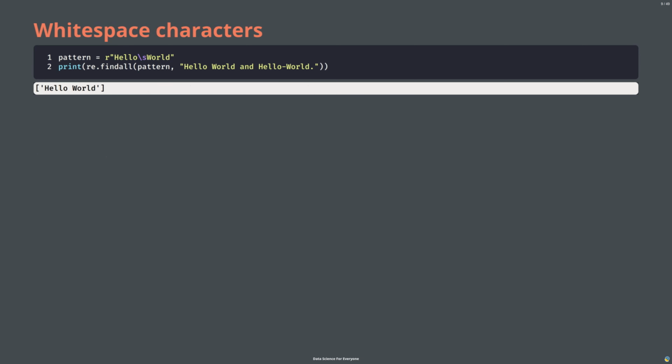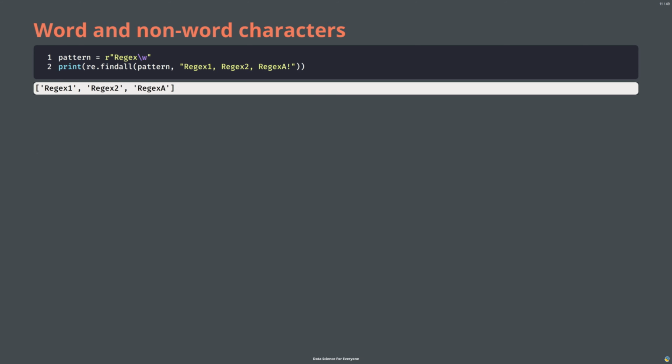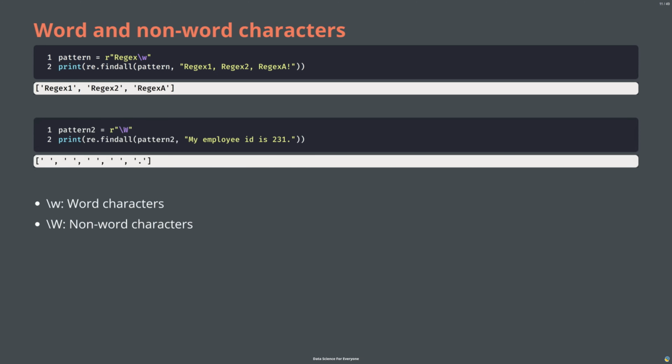Another example of metacharacters is \s, which matches any white space characters like spaces or tabs, as shown in this example. On the other hand, uppercase \S matches any non-white space characters, which we show here to match hello world with a dash in between. Lowercase \w is used to match word characters and uppercase \W is used to match non-word characters such as spaces, tabs or special characters, as shown here.